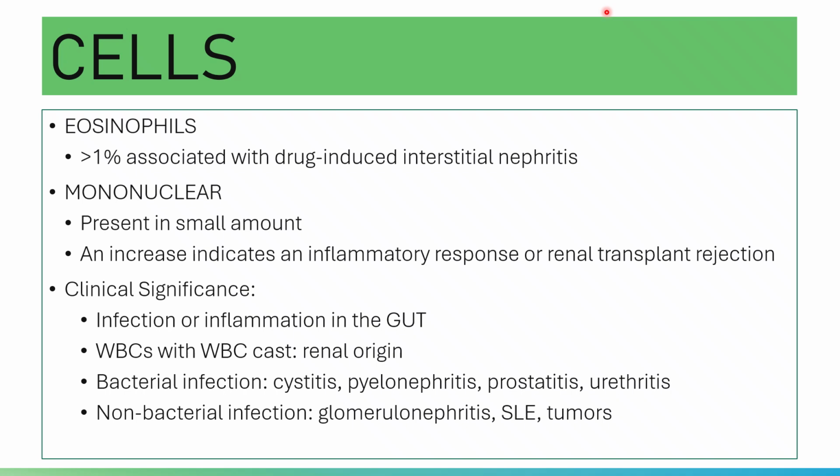But please note that the appearance of neutrophils, WBCs, or pus cells in the urine does not always mean a bacterial infection, or an infection in the genitourinary tract.